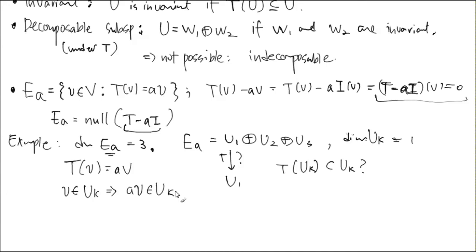That's the very property of a subspace. So T of UK, everything inside UK is going to go back inside UK, correct? Therefore, this is an indecomposable decomposition. Right? This is the invariant decomposition. And these individual ones, because they have dimension 1, can't go any further, right?